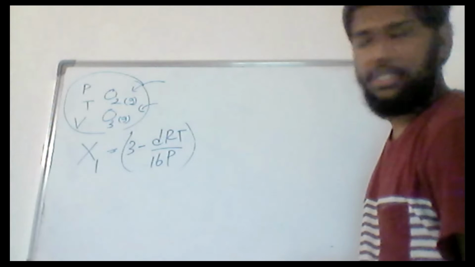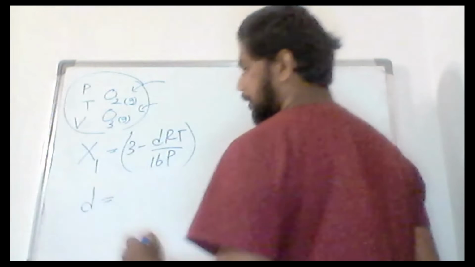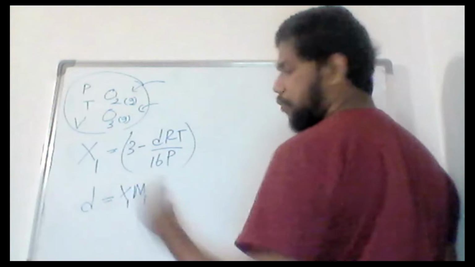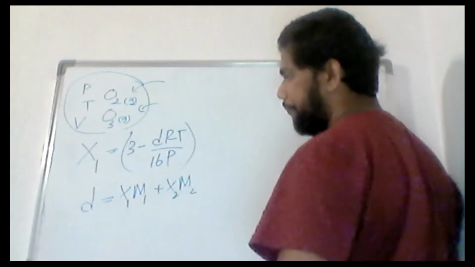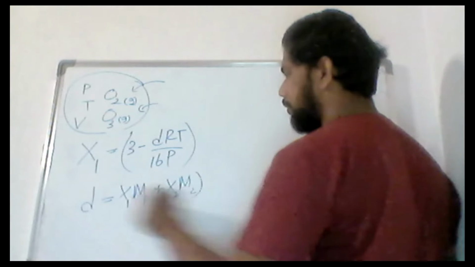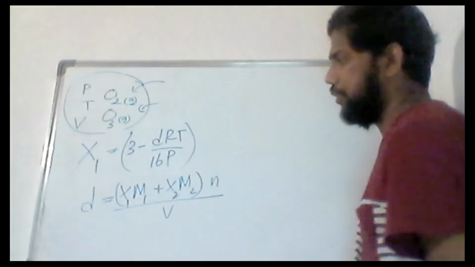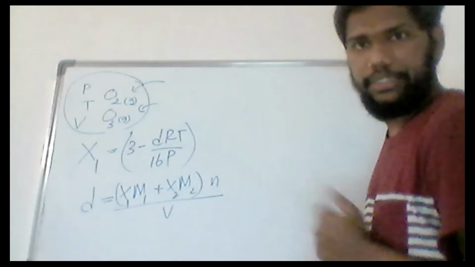The equation that we have for density here is x1 m1 plus x2 m2, times N over V. This was the equation that we had in the previous question.